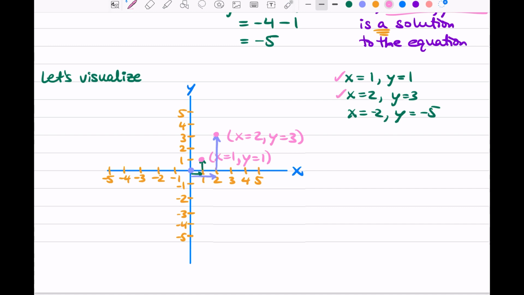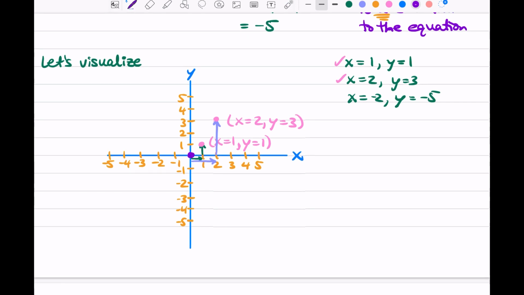And finally, our last solution, we're starting at the center, and we're going to walk 2 steps that way for our negative x, and then negative y means we go down 5 units, and then we place our dot here. These are our three solutions.